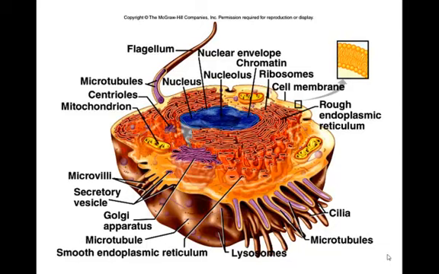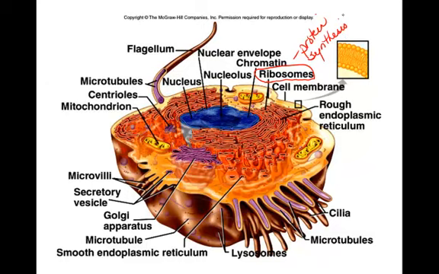Okay, so the first one we want to talk about are ribosomes. You'll find ribosomes in a number of places. They're either free floating, like these little dots in the cytoplasm, or stuck to the endoplasmic reticulum. What's important about them is protein synthesis. This is where we build our body proteins.